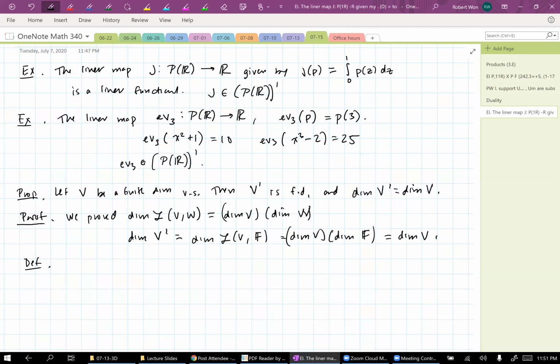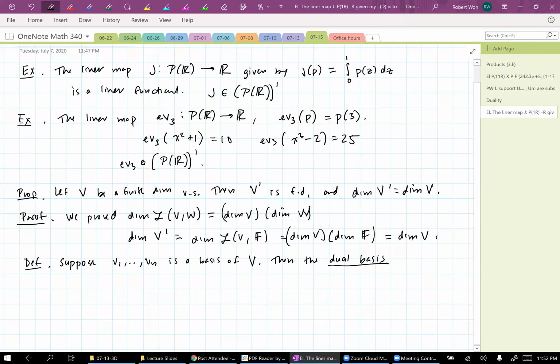Here's the one to know, though. Suppose that v1 up through vn is a basis of V. So let's start with a basis for my original vector space. I'm now going to construct a basis of the dual space that's related to this basis of V. Then the dual basis, right?